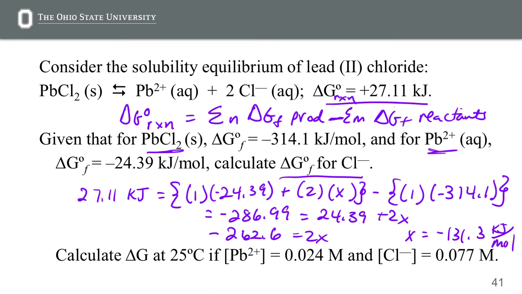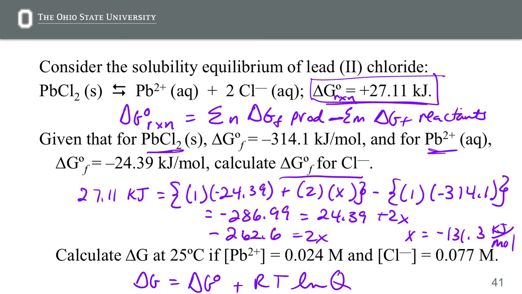What equation are we going to use for this last part? We're going to use the non-standard equation. Delta G equals delta G naught plus RT natural log of Q. Here we have our delta G naught. It's given in the problem, 27.11 kilojoules.